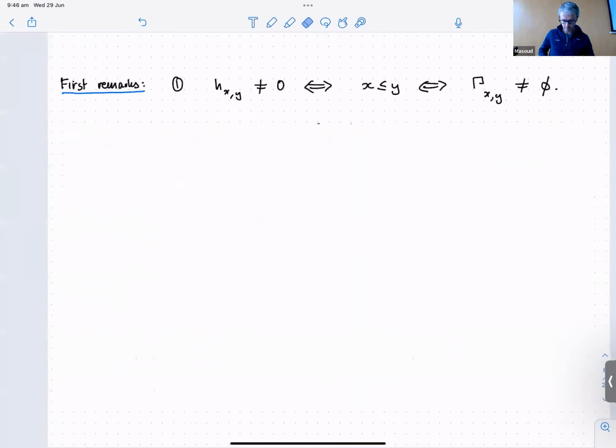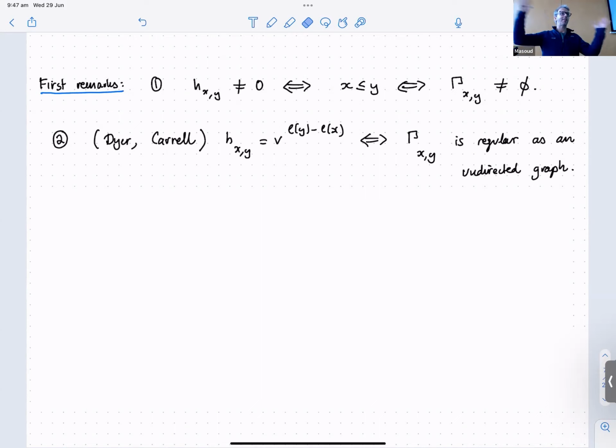There's a beautiful theorem, which is now actually really a theorem, it's not obvious, which tells you that the Kazhdan-Lusztig polynomial is 1 if and only if the Bruhat graph is regular when I forget the direction. So I have a directed graph. I forget that it's a directed graph. I forget the directions on the edges. If every vertex has the same degree everywhere, then my Kazhdan-Lusztig polynomial is 1. Okay. And that strikes me as an incredibly beautiful basic statement.